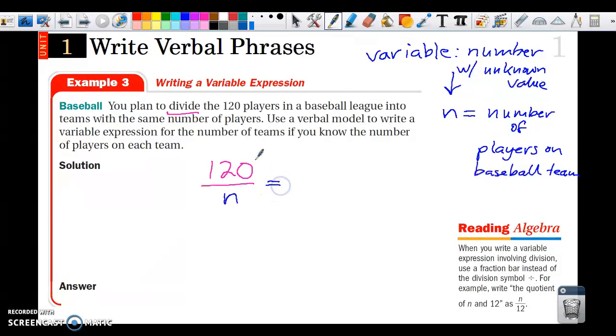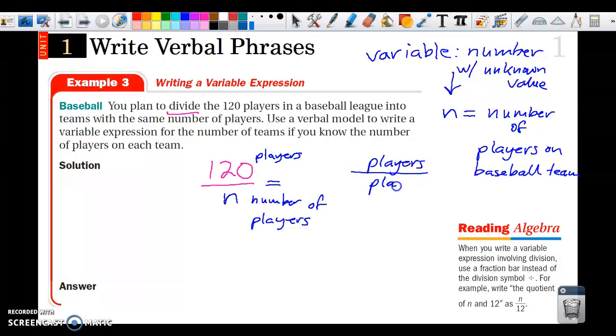If you think about the units, this is 120 players, and n is the number of players per team. So when I divide those out, it's going to be players divided by players per team.